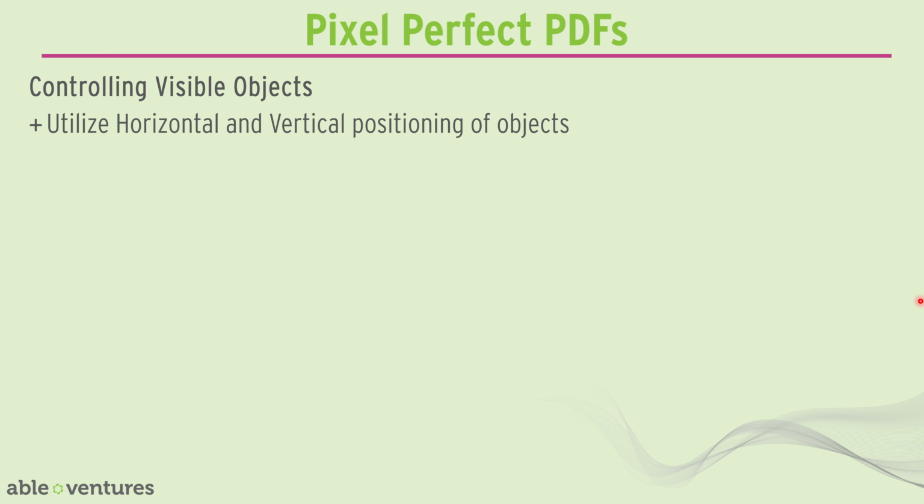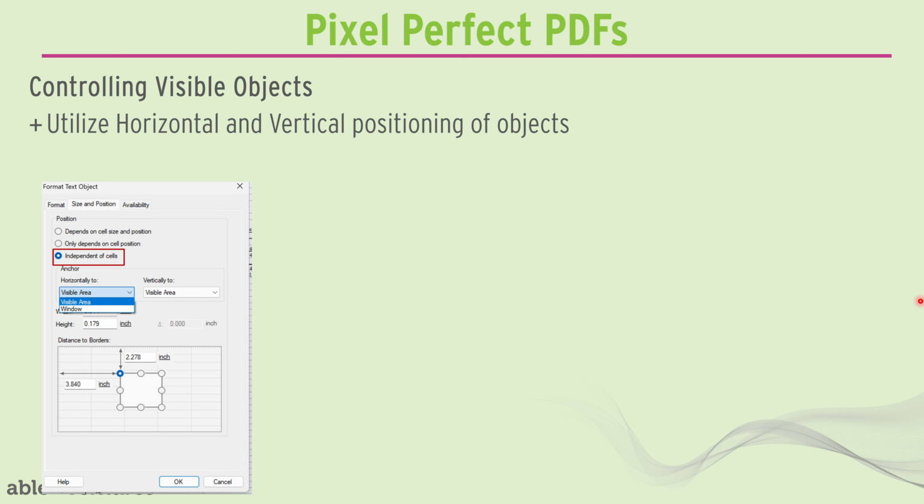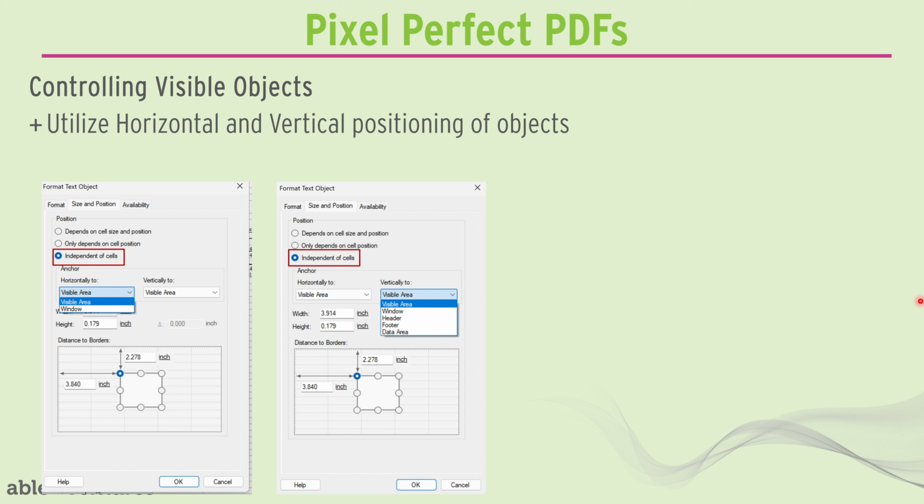Once you've done that, you can choose whether you're doing it based on the visible area or the window. And when exporting to PDF, this is going to be critical. It's going to have a major impact on you, especially on the vertical. As you can see there, you can set it to the visible, to the window, the header, footer, or just the data area. So working with these settings is going to be critical to getting that PDF exported the way that you're going to want it.